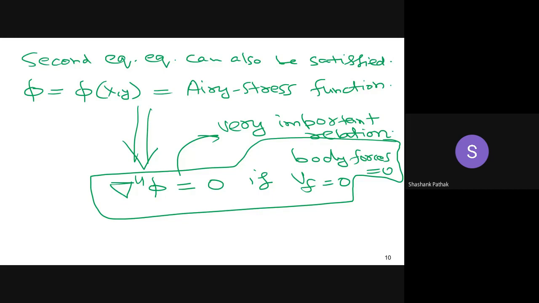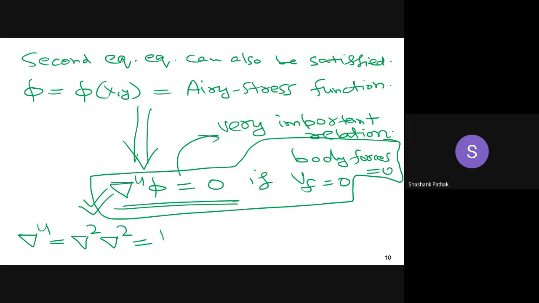Okay. So grad 4 phi equal to 0 is a very important relation. If you solve this differential equation, you will get the phi. So your Airy stress function will always satisfy this equation. How to define grad 4? Grad 4 is nothing but the Laplacian of a Laplacian.